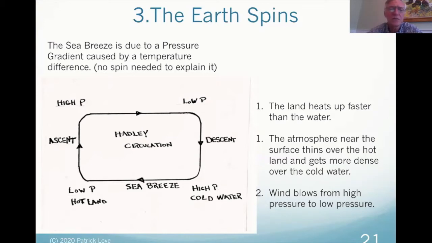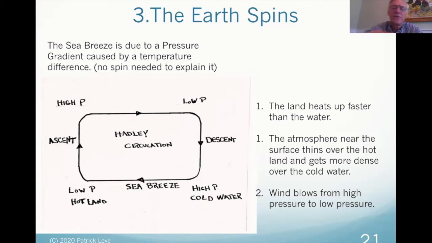But over the water, which is cooler because it does not heat up as fast, the pressure's higher. The wind always blows from high pressure to low pressure. So there's higher pressure over the cold water out to sea, and it blows air towards the low pressure on the land where you're standing.